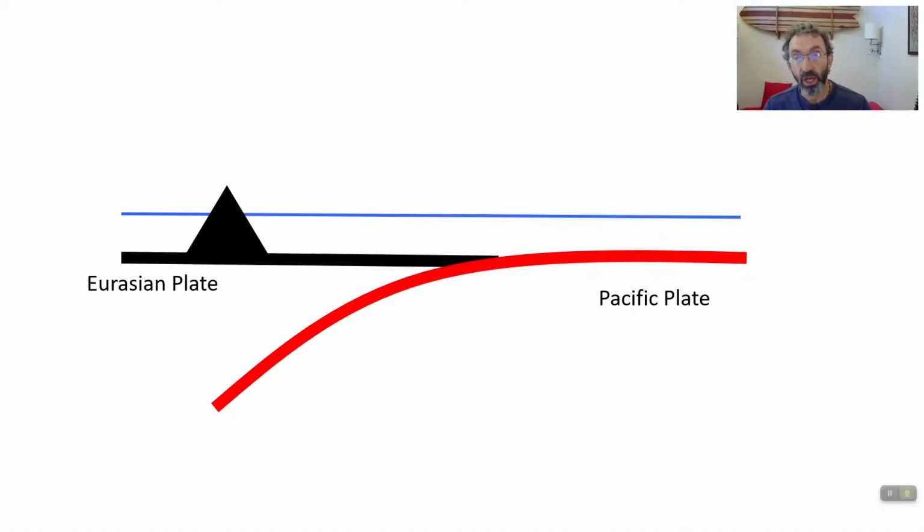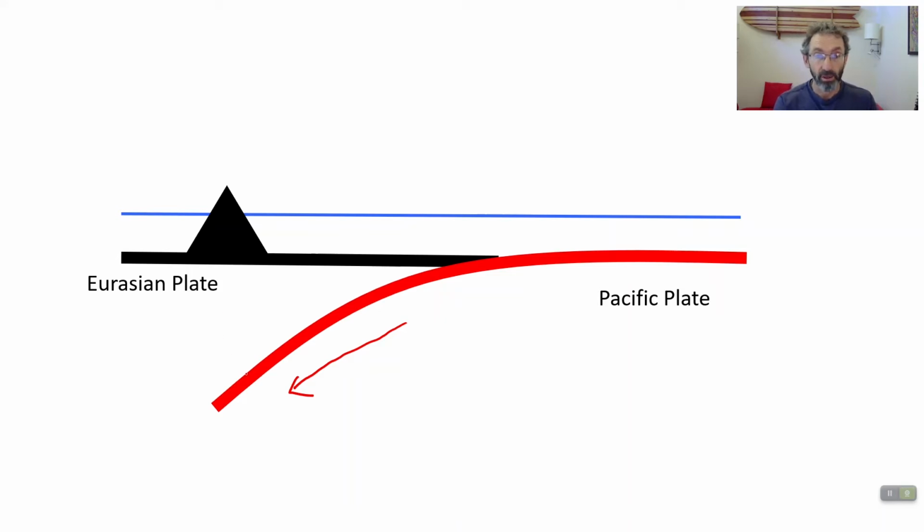Here's the basic geological setup for the triggering of the earthquake and tsunami that struck Japan in 2011. Most tsunamis that are generated by earthquakes happen in subduction zones, and the Japanese tsunami in 2011 was no exception. So we have the Pacific plate subducting underneath the Eurasian plate.